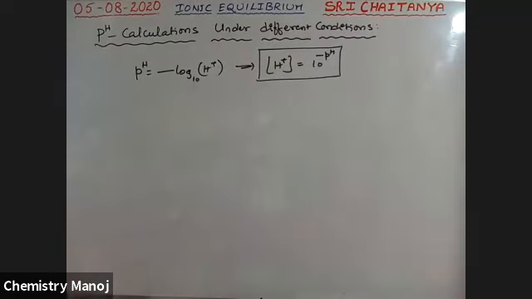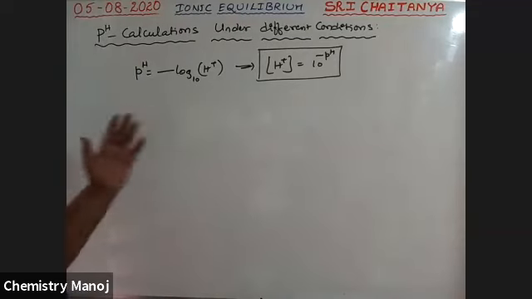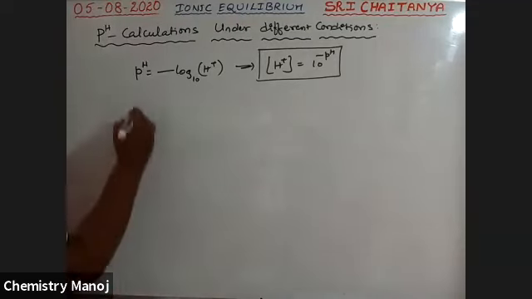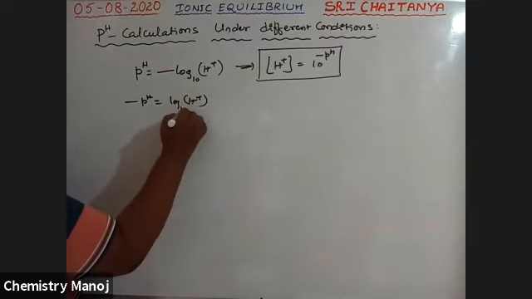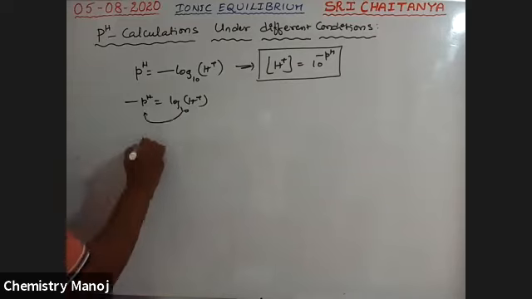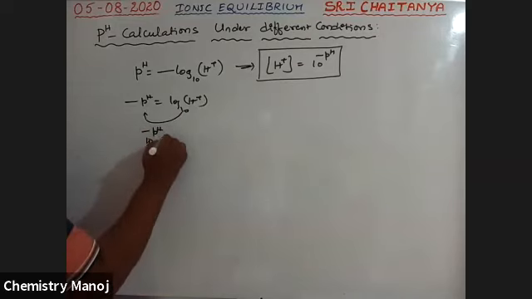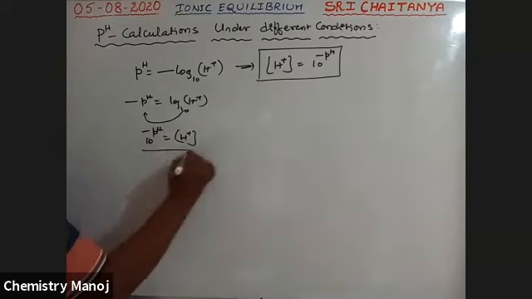From this, H plus ion concentration is equal to 10 power minus pH. Just readjustment: minus pH is equal to log H plus ion concentration to the base 10, which implies 10 power minus pH is equal to H plus ion concentration. That is what I wrote here.